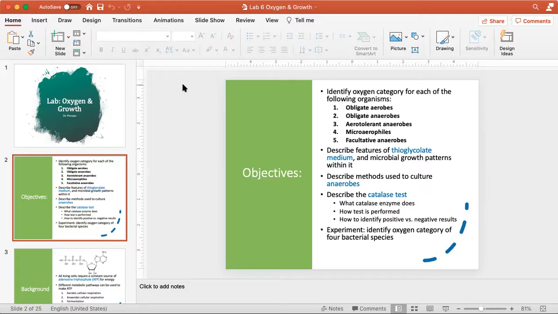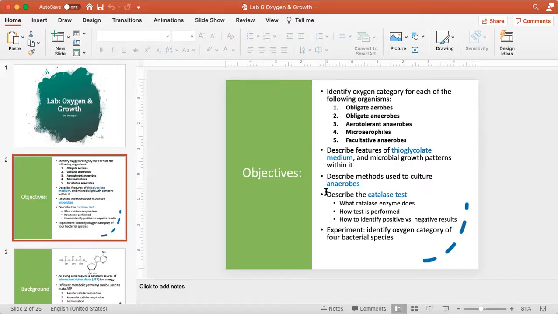Now, another objective today is to talk about a certain kind of culture medium that we use to determine the oxygen category for a microbe. And this medium is called Thioglycolate medium. We're going to talk about methods that we have available to us to culture anaerobes in the laboratory.